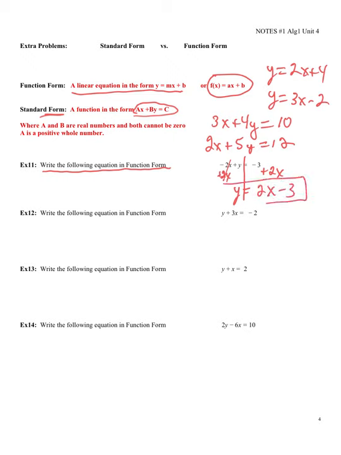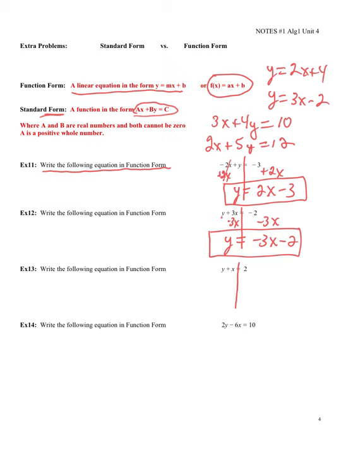Hence, y is on one side by itself, putting it in function form. Always good practice to put a line down the equals. We want to leave y alone, so we get rid of 3x. So you're going to have y equals negative 3x minus 2, and that is in function form.